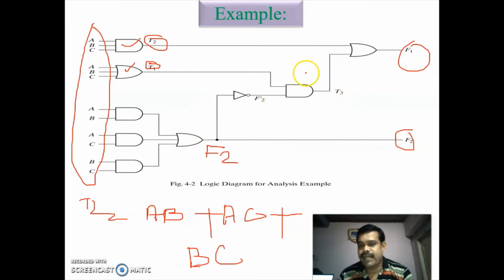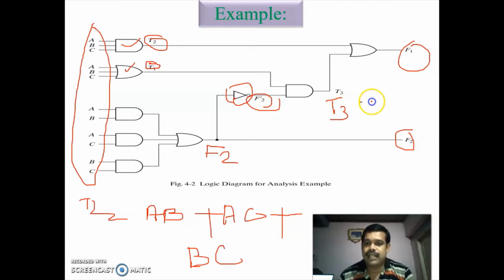In the second level, we are having only one AND gate. So we are naming it as T3. This F2 we are taking and giving to an inverter, so you will be getting F2 dash. So T3 is nothing but T1 into F2 dash. Next we are coming for the output F1.